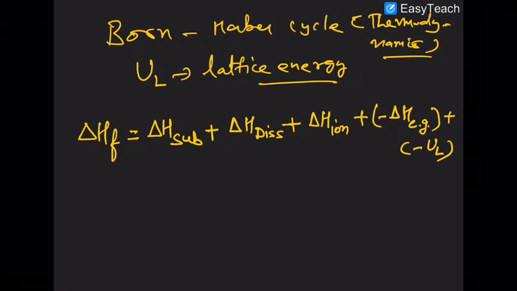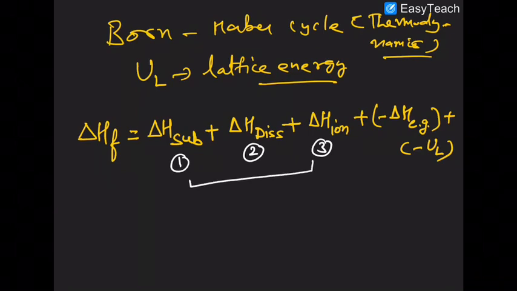Now these values, 1, 2, 3, these three values represent energy required, and 4 and 5, these are the energies released.